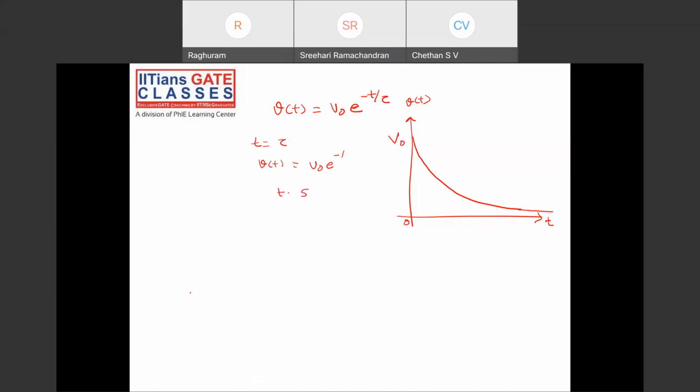After t is equal to 5 tau, V of t will become less than 1% of V naught. That is why 5 time constants is practically taken as a steady state condition. Theoretically, it takes infinite time to die out, but practically, because it is less than 1%, we'll consider it to be a steady state condition.